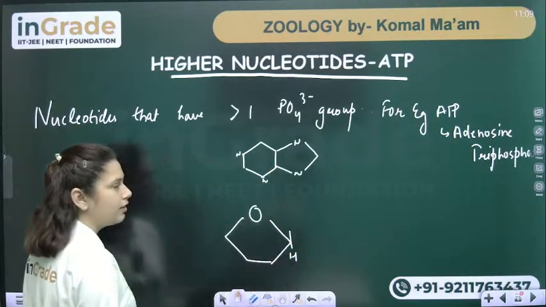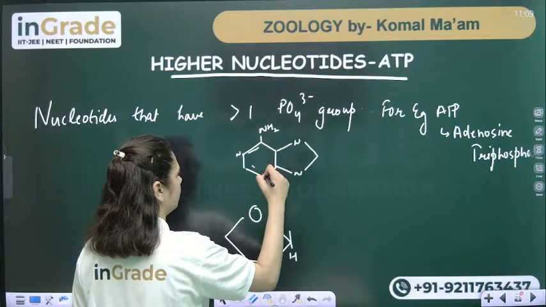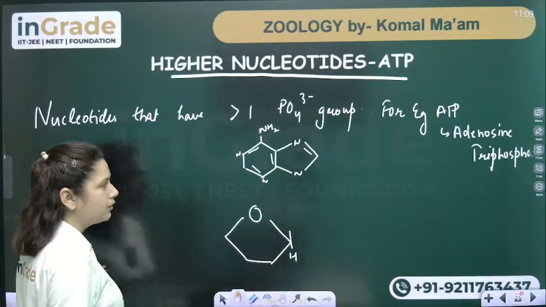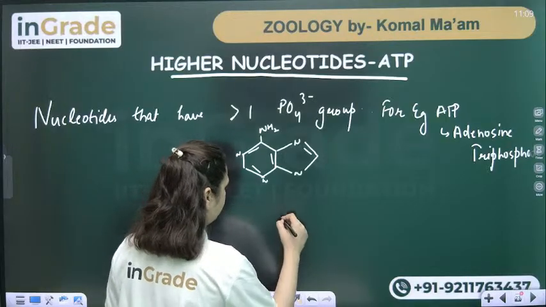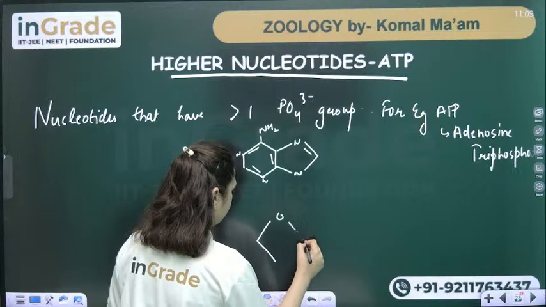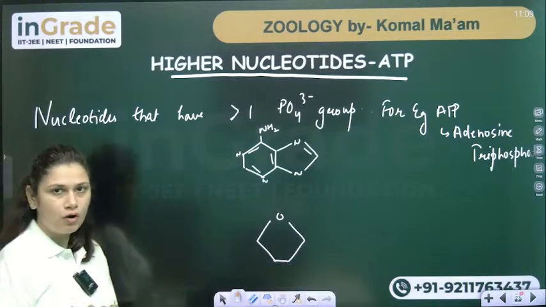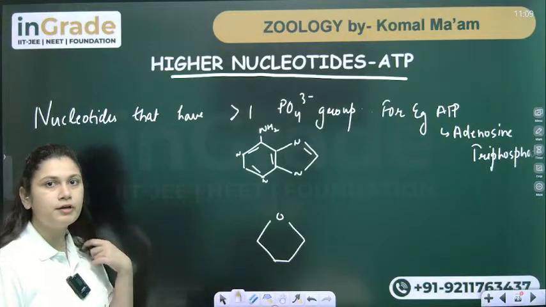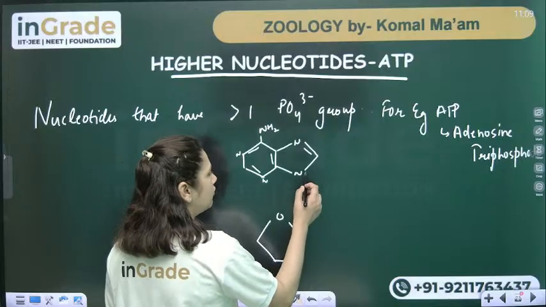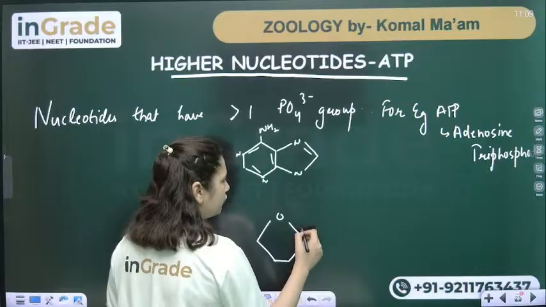Now in adenine, the hydrogen which is involved in the glycosidic bonding is the hydrogen which is attached with the 9th nitrogen of adenine, as I've told you in the previous class.